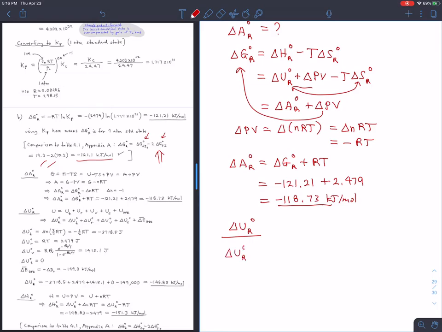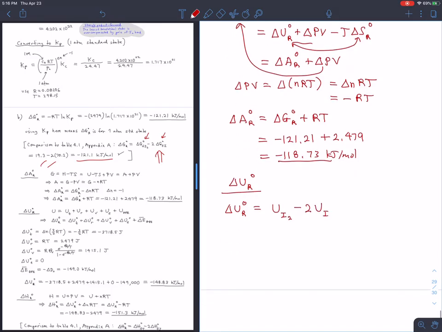Delta U of R is going to be equal to U for I2 minus 2 times U for the iodine, and that's going to be equal to U for translations for I2 plus U for rotations for I2 plus U for vibrations for I2 plus U for electronic for I2, plus, let's call it the ZPE for I2, minus 2 times U for translations for the iodine atoms.